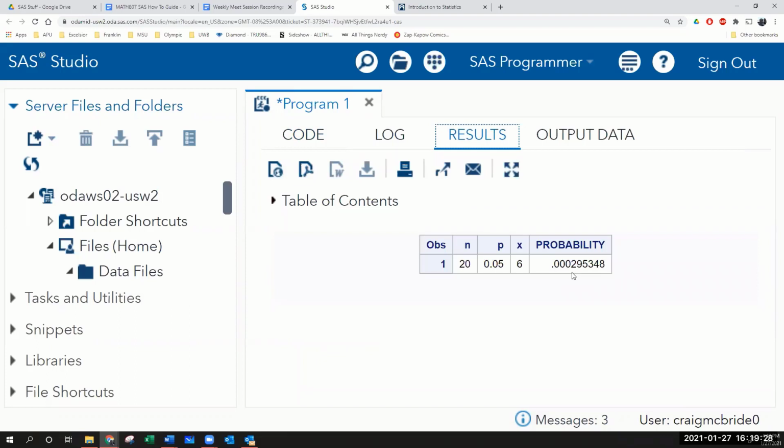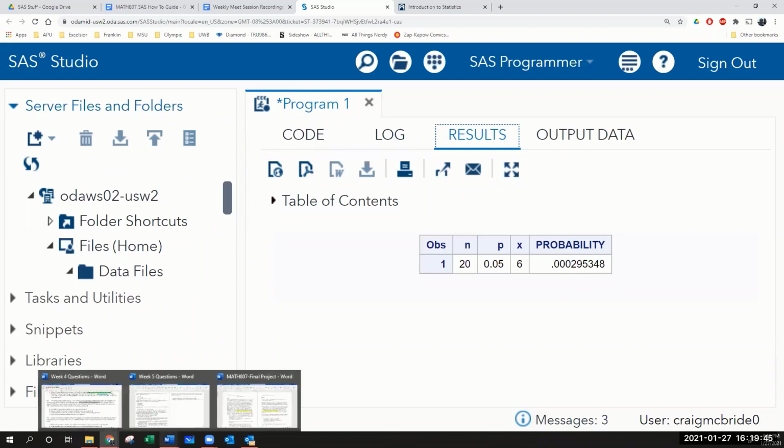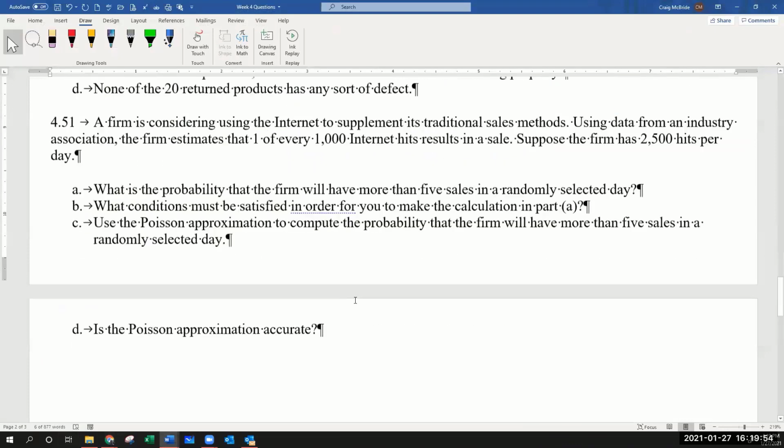That's what I got. Again, I was in a hurry. Then I think there's another one, 4.51A as well. 51A should have been 0.958.